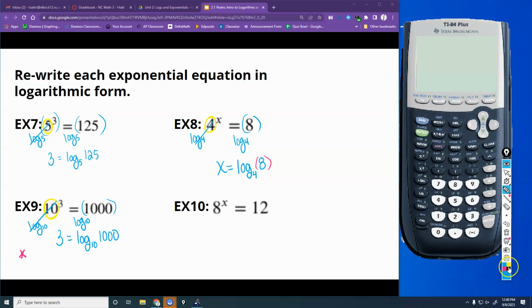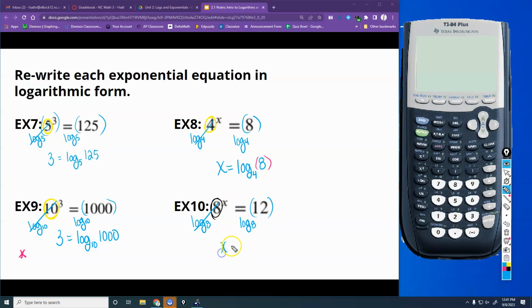Okay? David, what's my base on number 10? 8. How do I get rid of that base 8? Good. Log base 8. We'll get rid of this over here. Log base 8 of 12 over here.